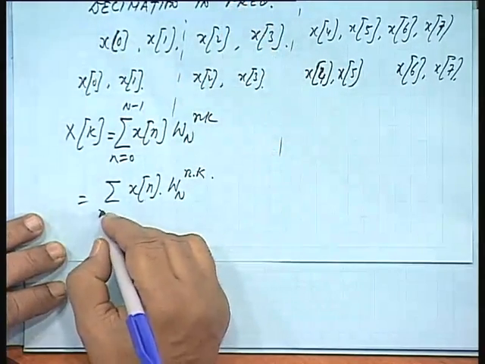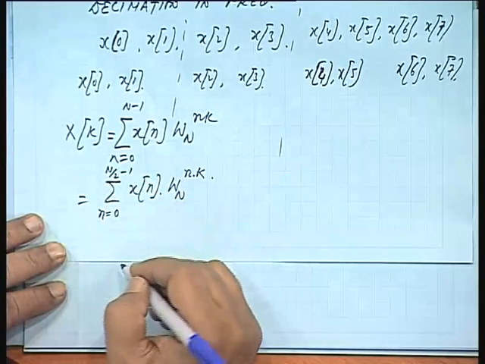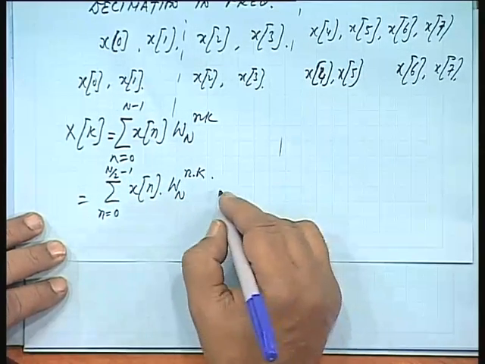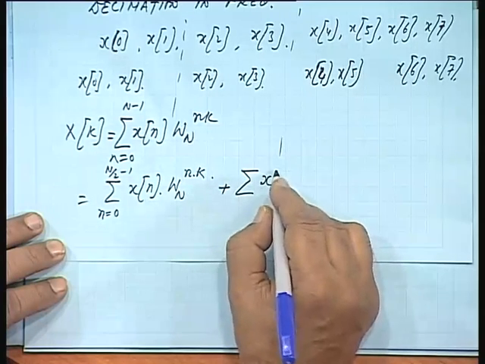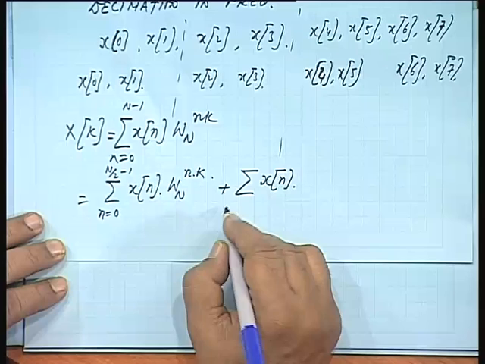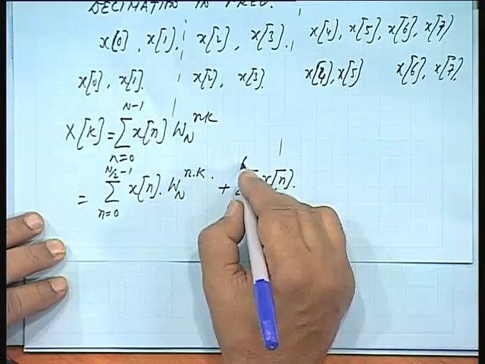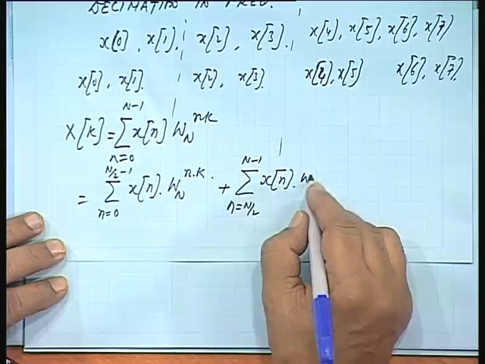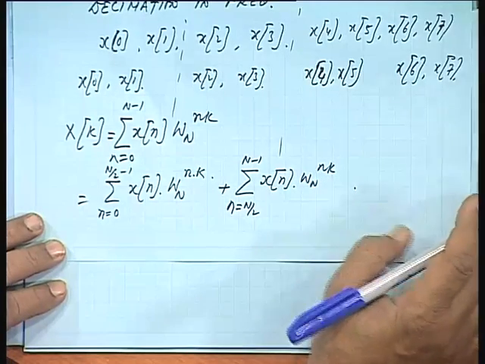So, n varies from 0 to N by 2 minus 1, plus x n with n varying from N by 2 to N minus 1.